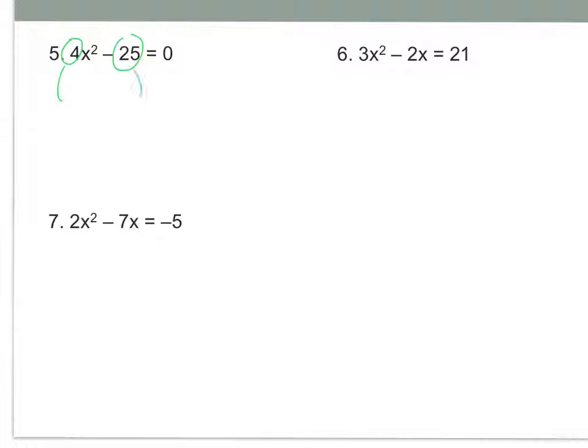So this would be the difference of 2 squares. So 4x squared would factor as 2x and 2x. And 25 would factor as 5 and 5. And if we want to add up to a 0, we need different signs. So then let's set each of our factors equal to 0.